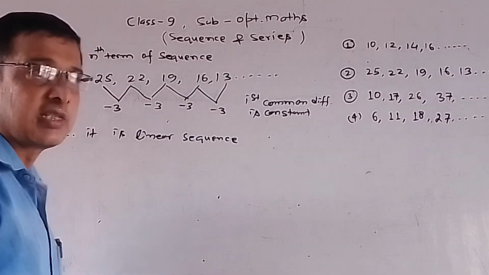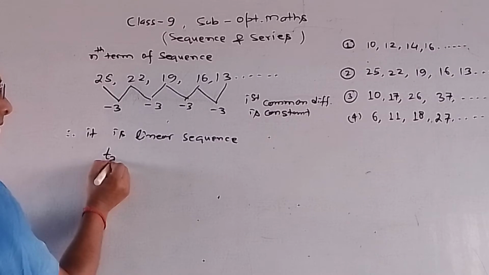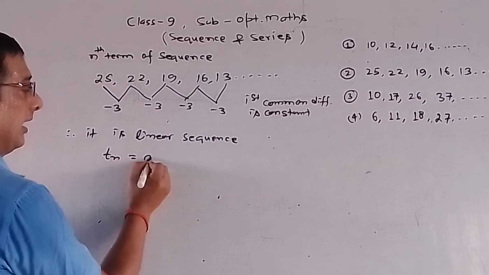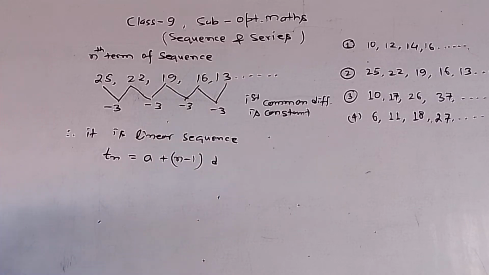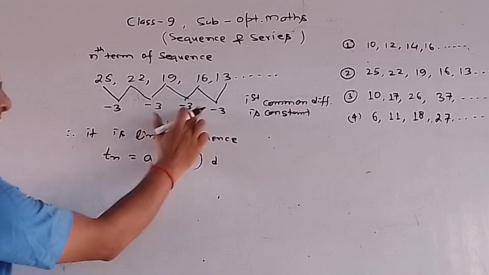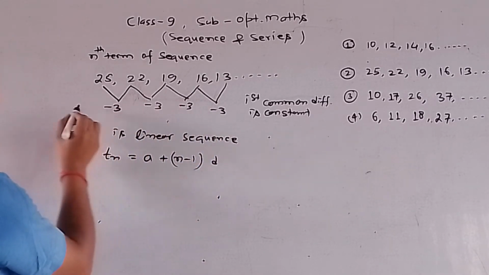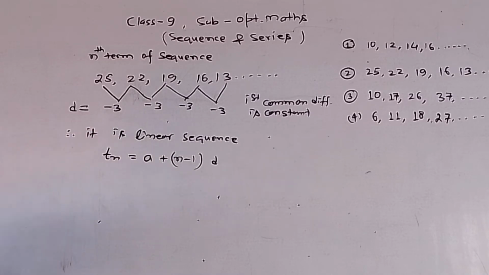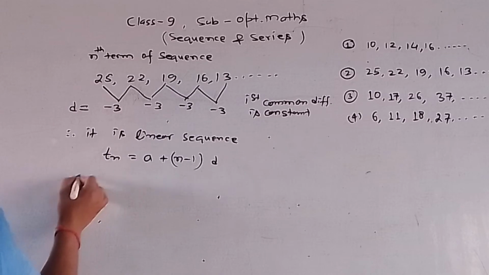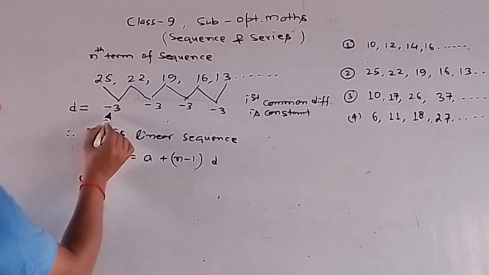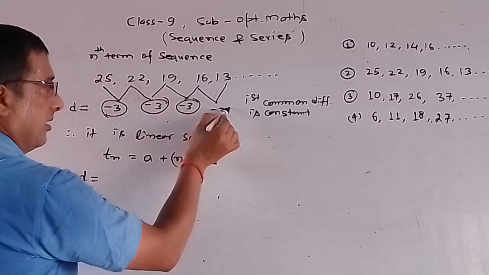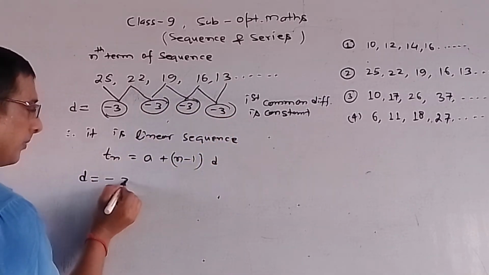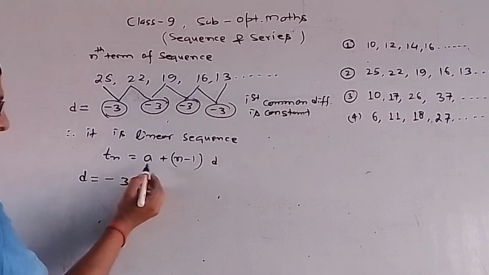Then for a linear sequence, what is the formula? Tn is equal to a plus n minus 1 into d. Here d is the common difference, that is minus 3.